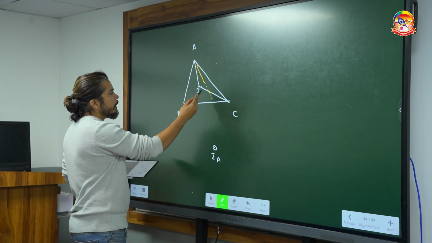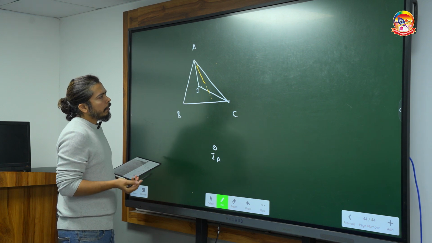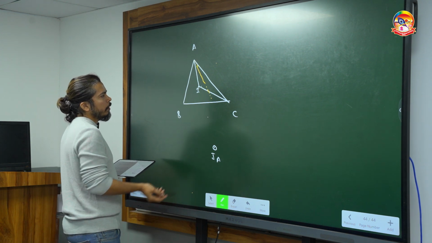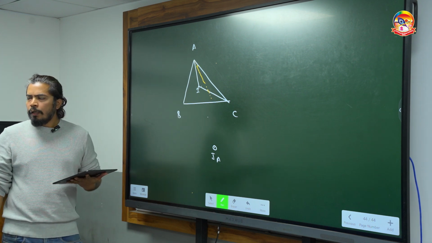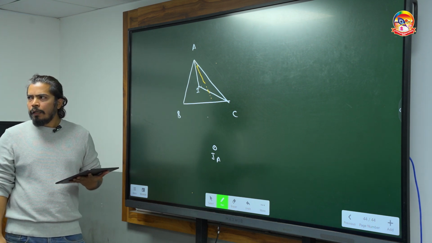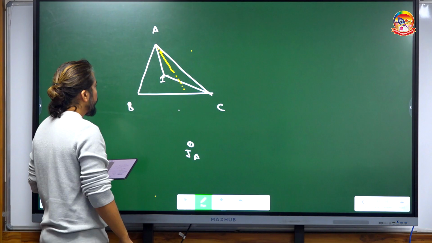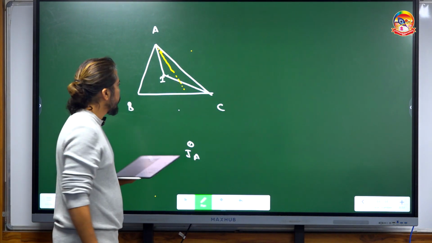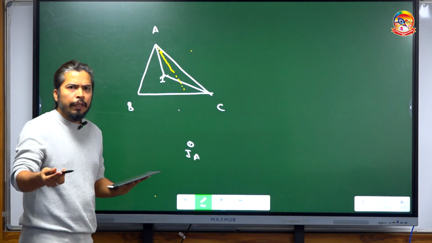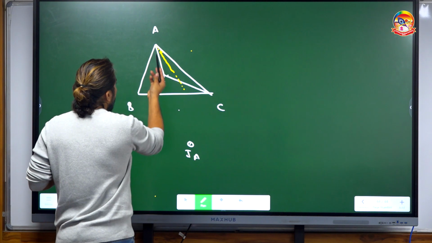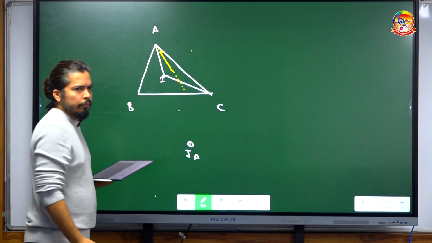So we have taken angle bisector of A. What we are going to do here is, we are trying to find the excenter of AIC. We are going to find the excenter of triangle AIC. Okay? We'll see later on why we are doing that. Or I'll outline the solution after that also. Now what we are exactly going to do, we are trying to find perpendicular bisector of AI, perpendicular bisector of IC, perpendicular bisector of IB. Right?